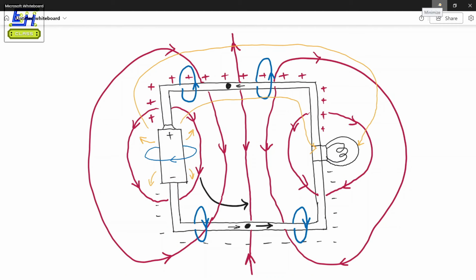The same is the case with the other side of the circuit as well. Even though the electrons are moving in exactly the opposite direction, the Poynting vector is still pointing towards the load. So this is the beauty of the Poynting vector.